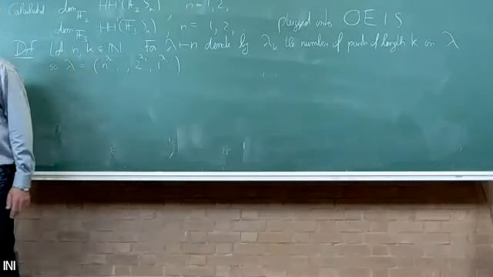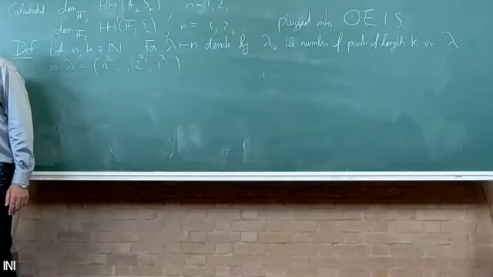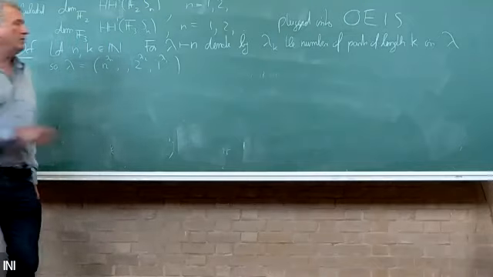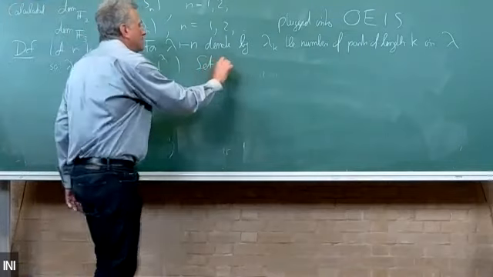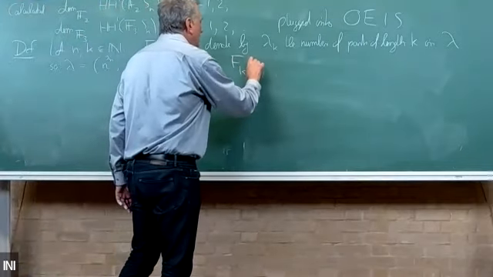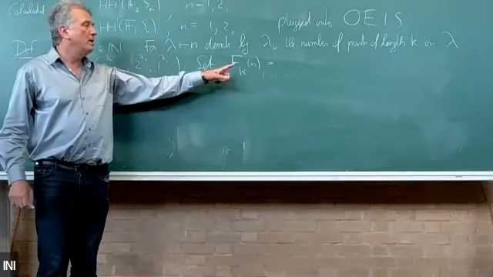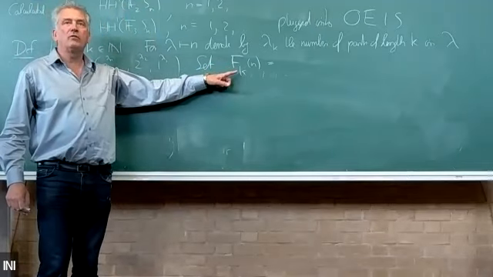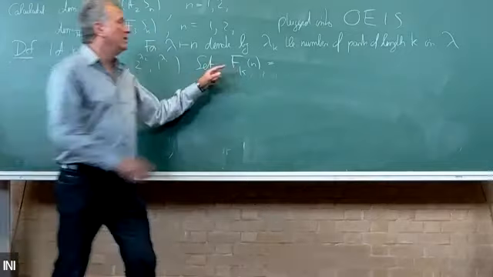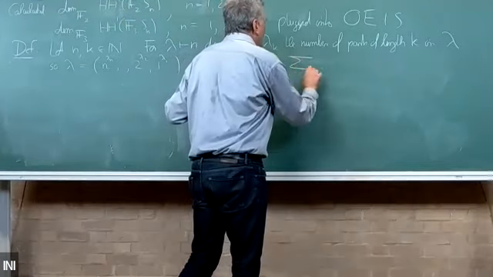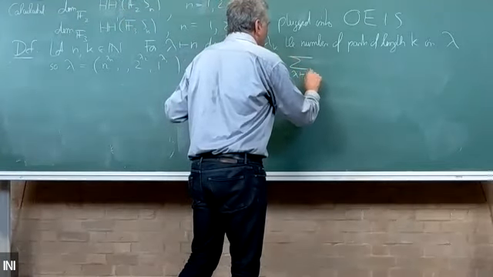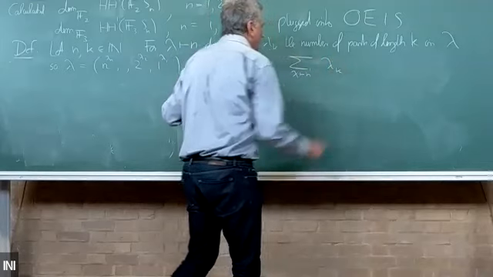But so this is the notation for partitions, and then we are going to define f sub k of n to be the total number of parts of length k in all partitions of n. So this is the sum taken over all partitions of n of the number lambda k.